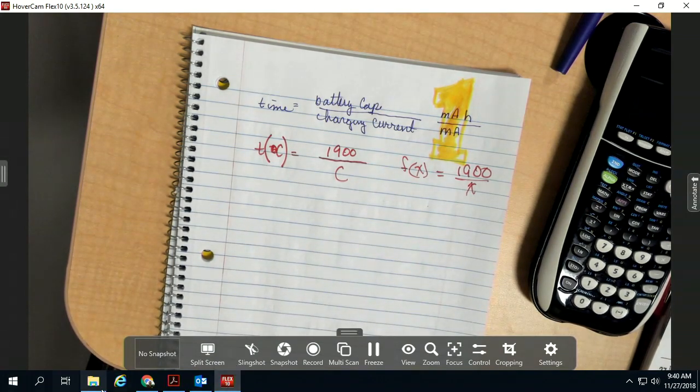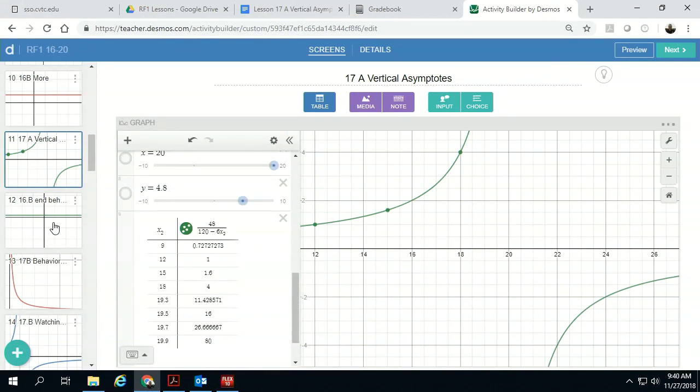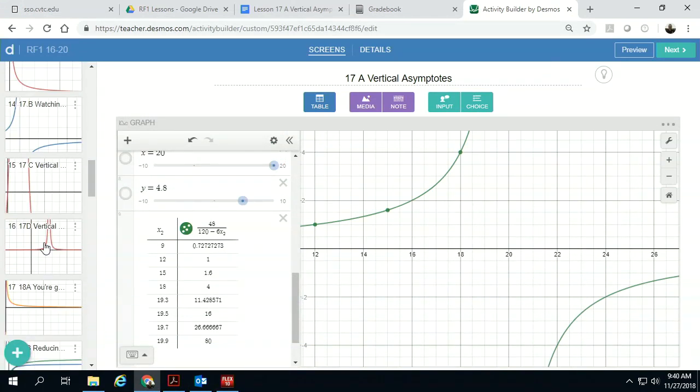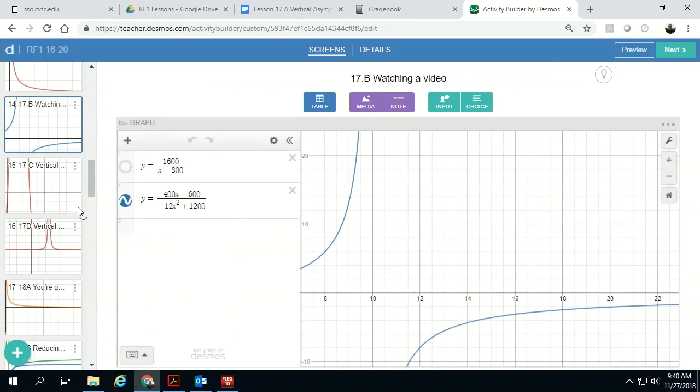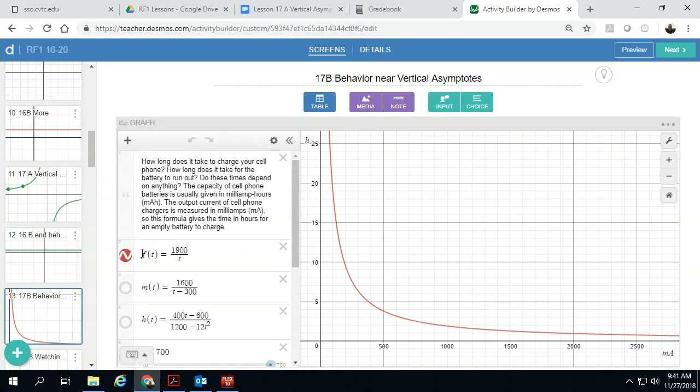Sketch the graph from 0 to 3,000. 17B. Sketch your graph from 0 to 3,000.